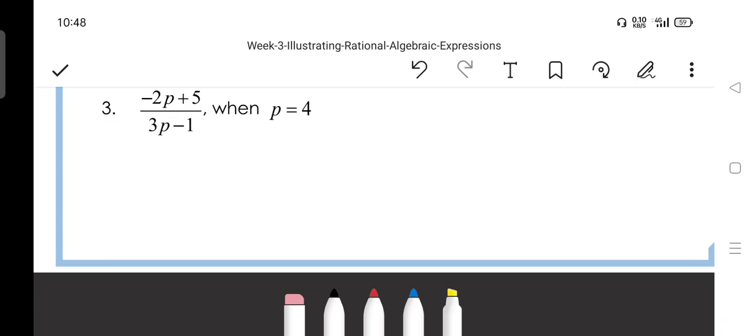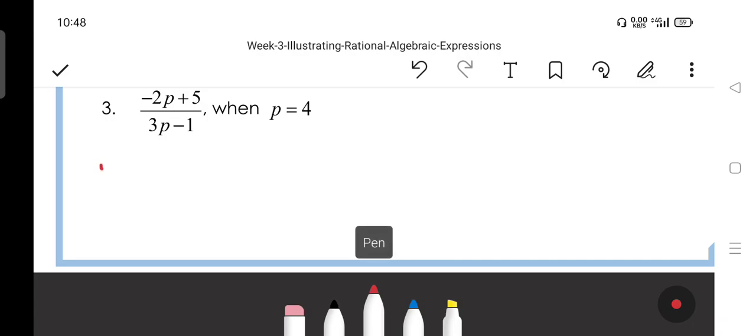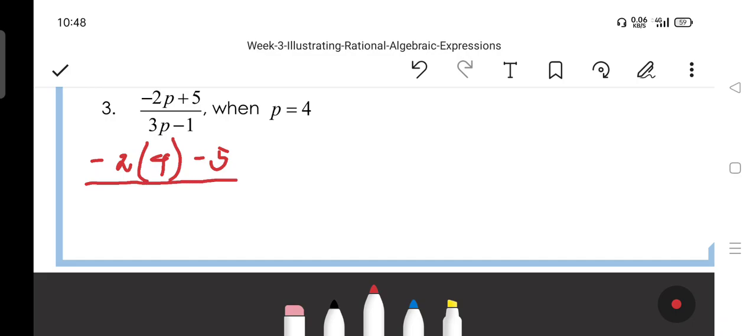So again, we have negative 2 times 4 plus 5 all over 3 times 4 minus 1.